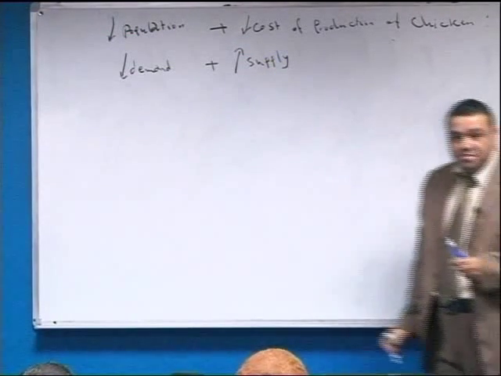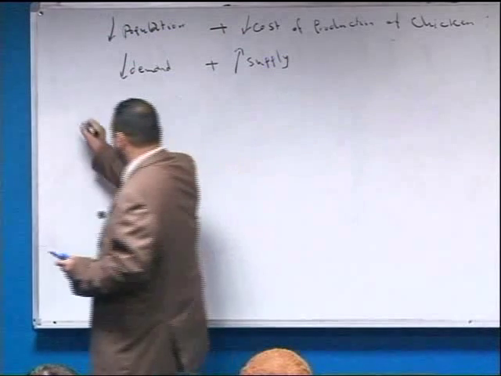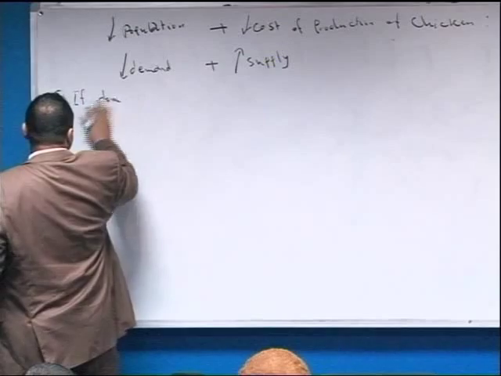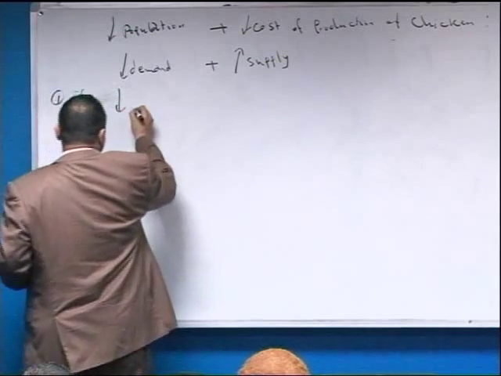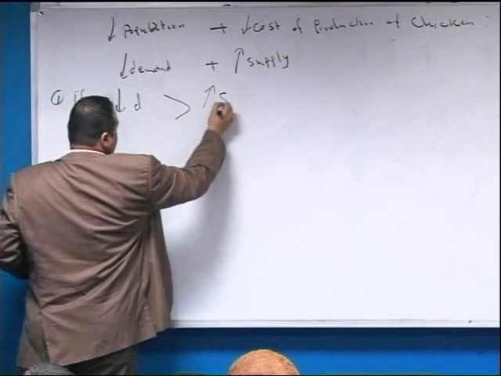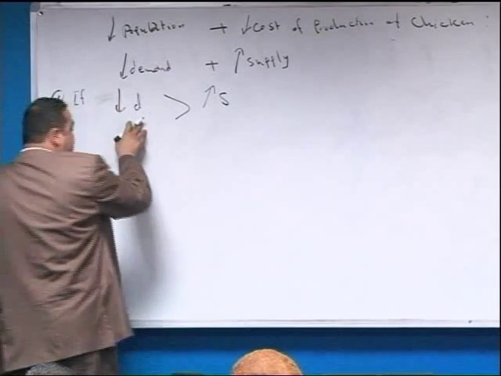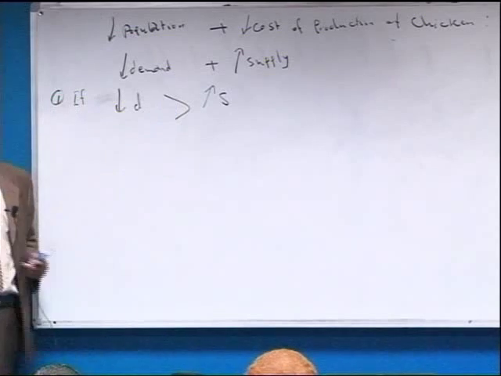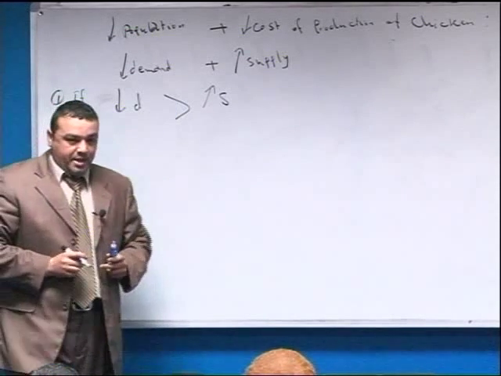And we have three cases. Number one, if the declining in demand is larger than increasing in supply, or the magnitude of a change in demand, the declining in demand, is larger than the magnitudes of a change in supply.